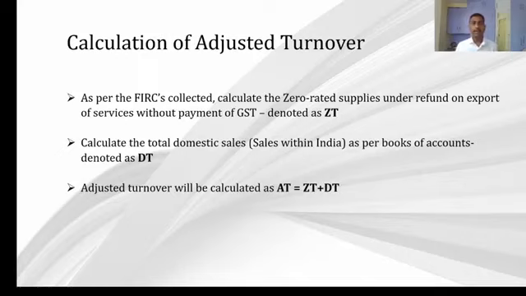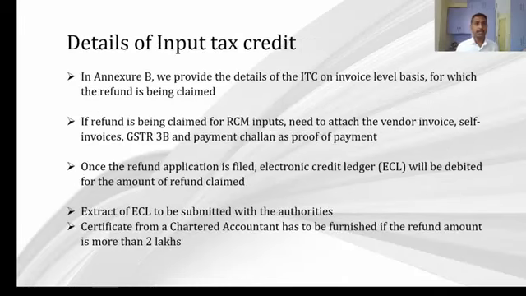And after that, we have to calculate the domestic sales, that is total domestic sales during the relevant filing period as per the books of accounts. That should be denoted as DT. And adjusted turnover will be AT, that is adjusted turnover, is equal to zero rated turnover plus domestic turnover. I hope that's clear.